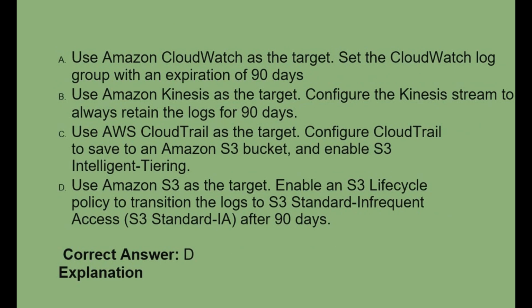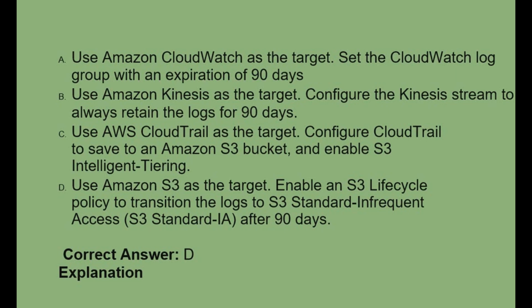Option A, use Amazon CloudWatch as the target. Set the CloudWatch log group with an expiration of 90 days. Option B, use Amazon Kinesis as the target. Configure the Kinesis stream to always retain the logs for 90 days. Option C, use AWS CloudTrail as the target.